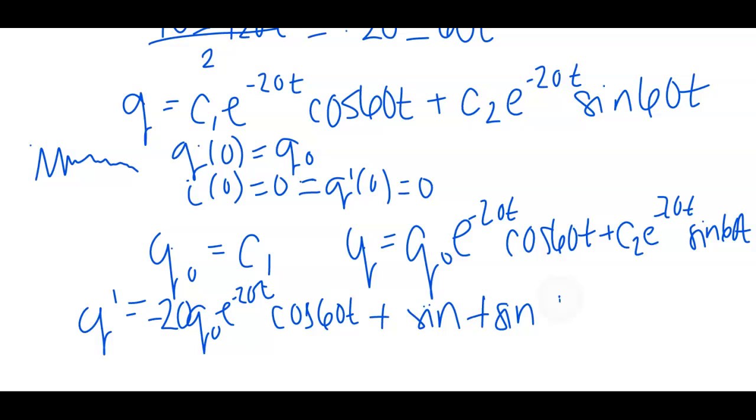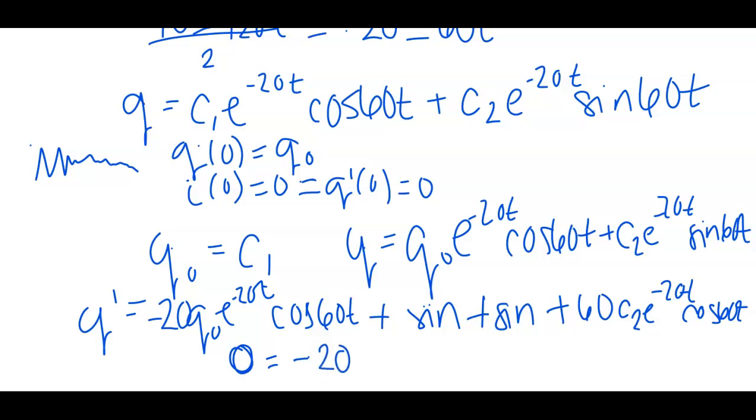But then plus the first times the derivative of the second, I would get 60 C2 e to the negative 20t cosine 60t. And so I know that 0 must be equal to negative 20 Q naught plus 60 C2.